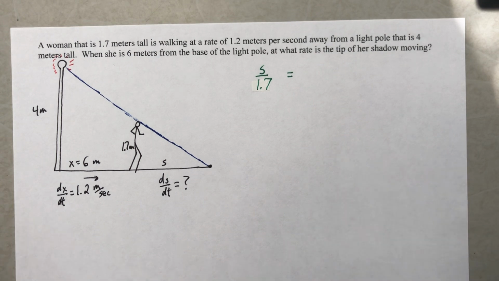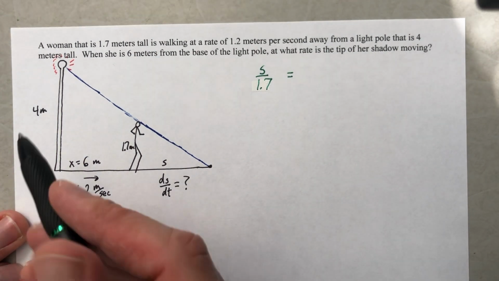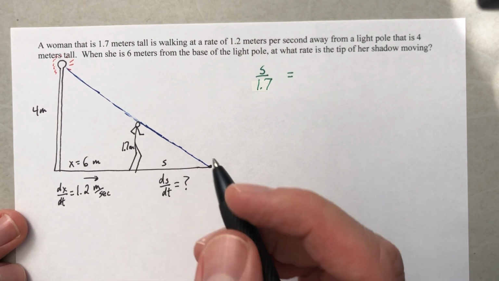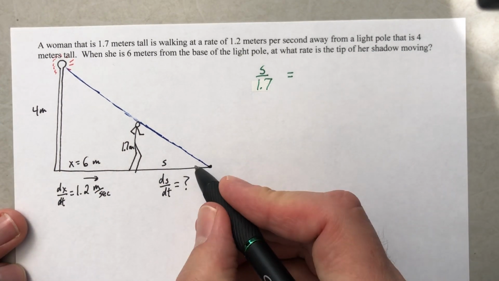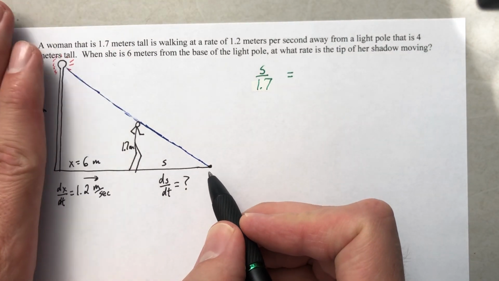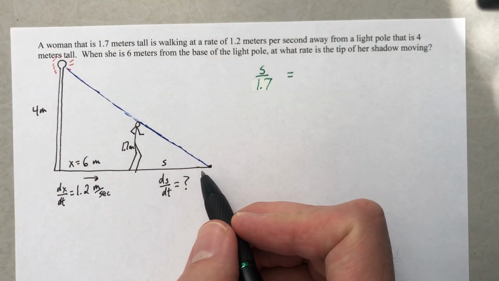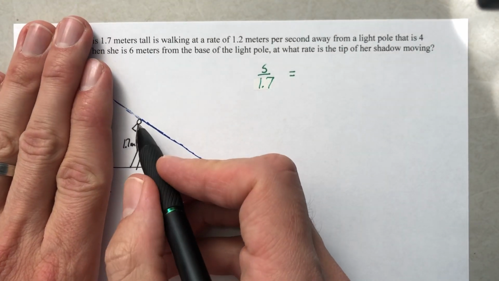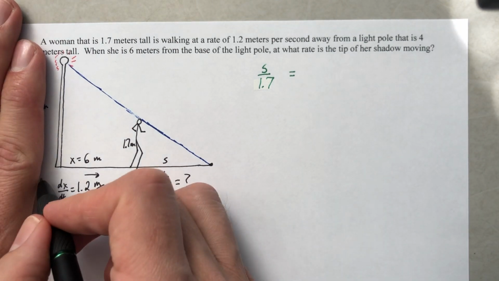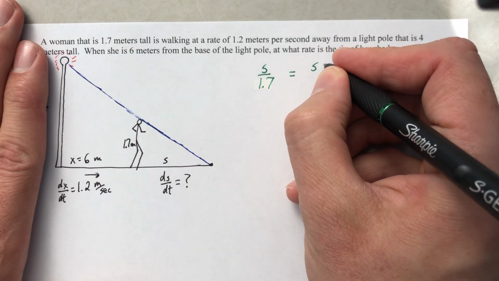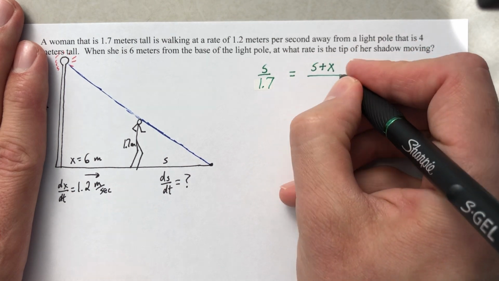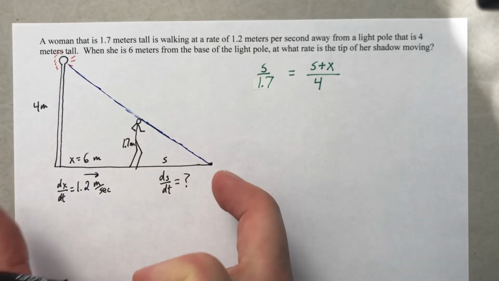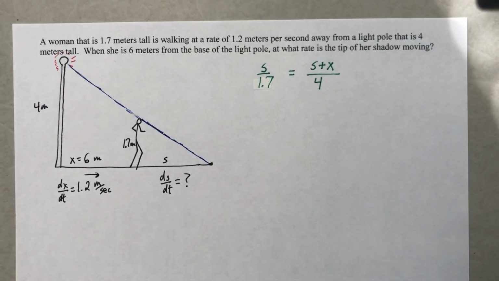And because we have at least two angles that are congruent, the right angle here and this right angle here that would be implied if she was standing up straight, they are congruent. And this angle is used in both the little and the big triangles. We have what's called angle-angle similarity. So the little triangle, s divided by 1.7, is equal to this, which would be s plus x divided by 4. So this over this equals this over this, okay?